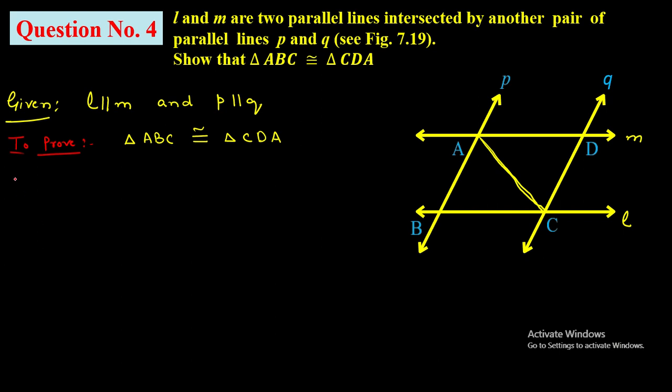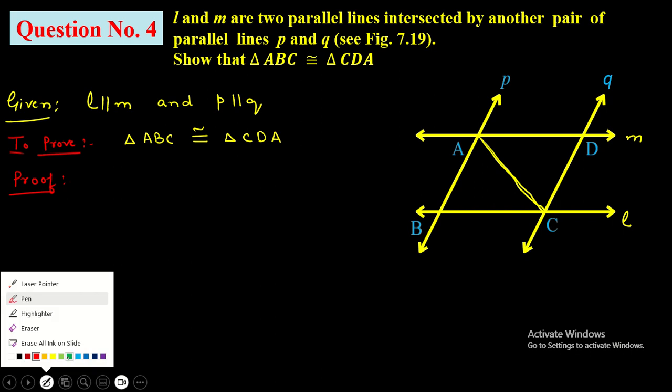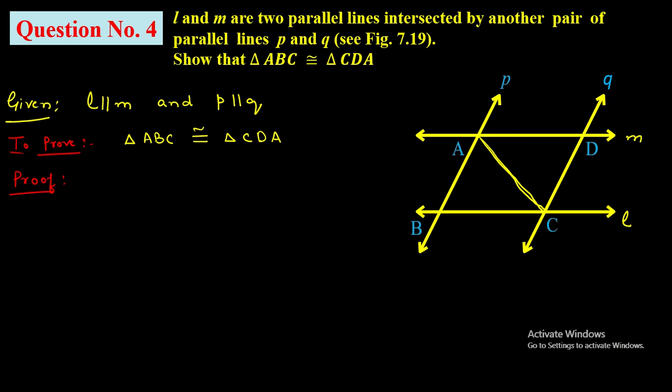Now let's try to prove it. As we know that L is parallel to M, since L is parallel to M and AC is transversal, therefore angle 1 is equal to angle 2 because these are alternate interior angles.